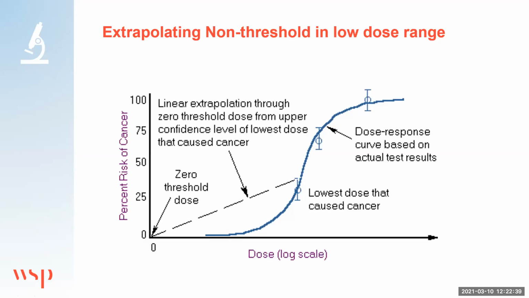So this linear extrapolation through zero dose from the upper confidence level of the lowest dose, that's the confidence levels of these lines over the dose points, we won't go into more about that, gives you the slope. This is the slope factor. We use the slope factor when deriving numbers for carcinogens, that's TWA values for carcinogens, and I'll talk more about that later.